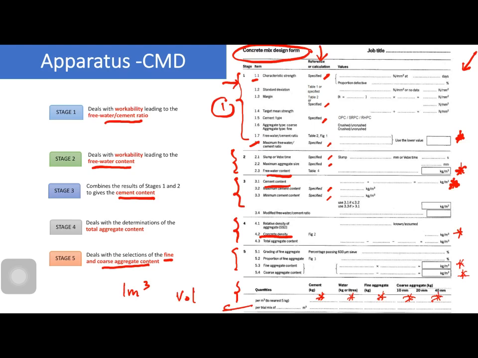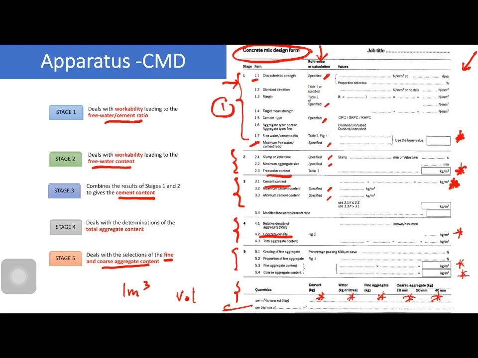And then okay, look at here, under the first stage we have the item specified for the characteristic strength. So specified means that the mix requirement is based on the conditions of the project or conditions of the question, conditions of the case study. Okay, that is the specified item.